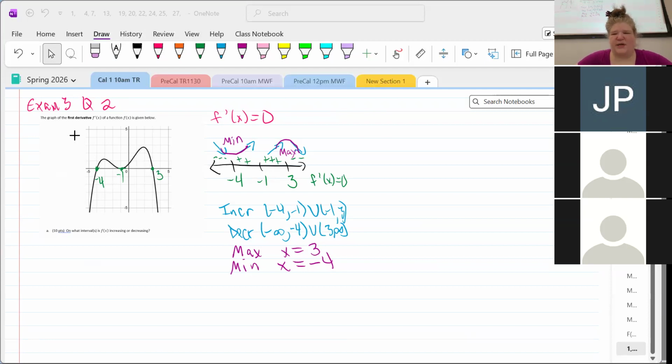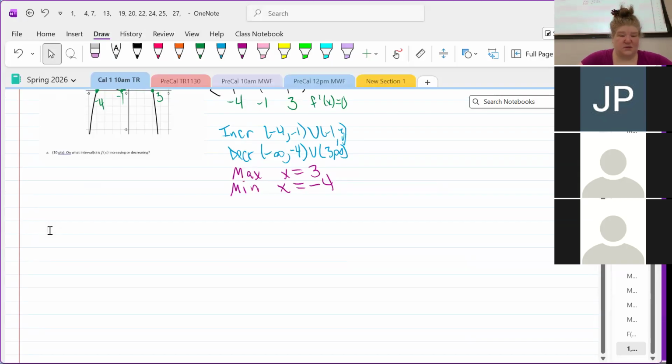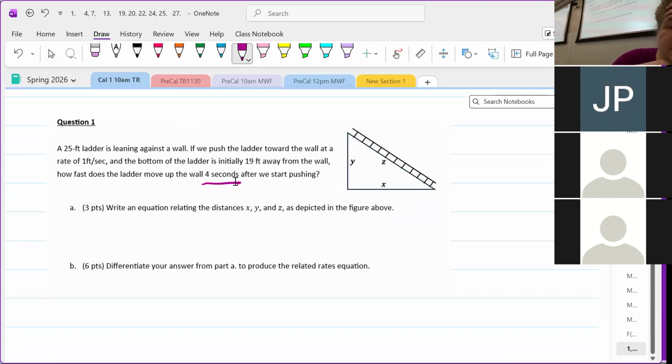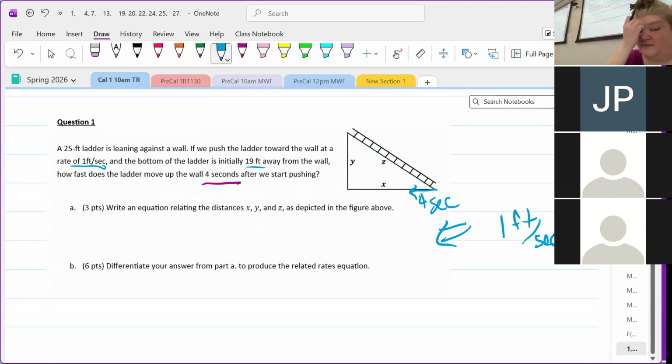Here, let me yoink a picture and put it up here. So this one is 19 feet and 4 seconds in. So after 4 seconds, when we're pushing at a rate of 1 foot per second, and since this 1 foot per second is going towards the wall, it's making X shorter.